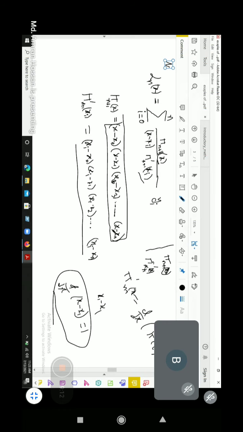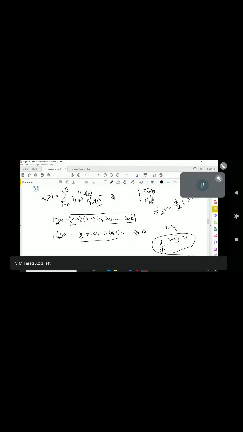Yes, sir. Okay, so when you are going to differentiate, here is xi. All terms are xi minus x naught, xi minus x1, xi minus x2, and so on, and then differentiate this. Am I right? You put the xi value after differentiation, not before.